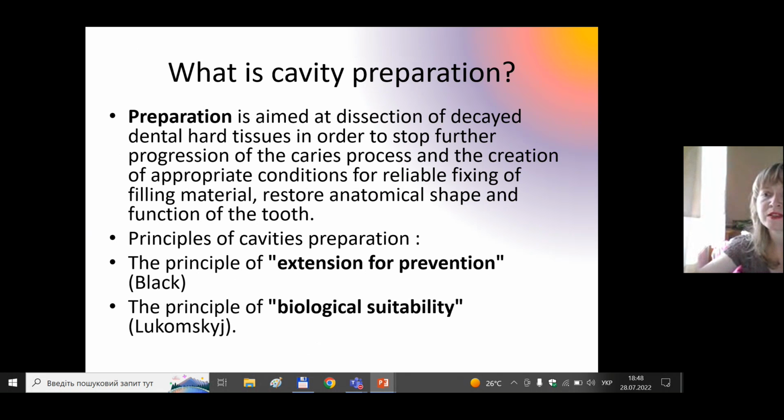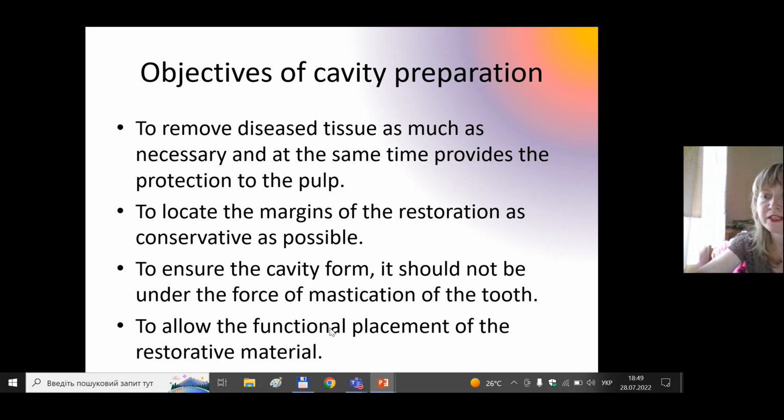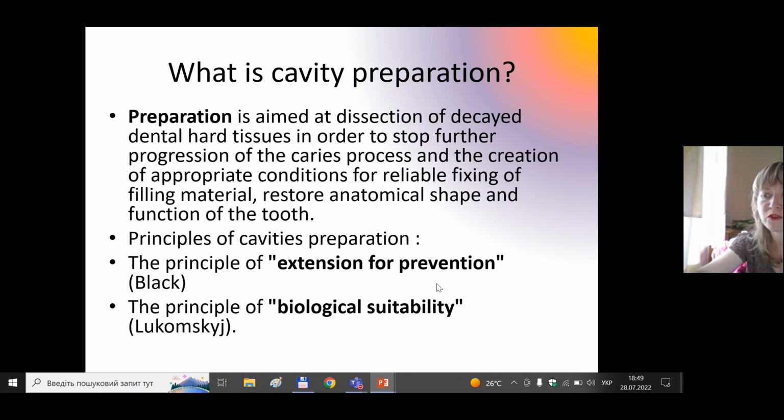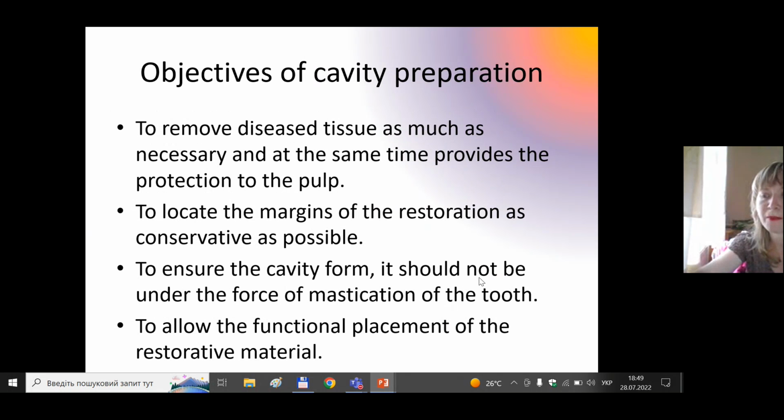By the way, I would like to return back to this biological suitability. In this slide, information was given on how to follow the principle of extension for prevention. But I have said that biological suitability is totally opposite to Black principle, extension for prevention.